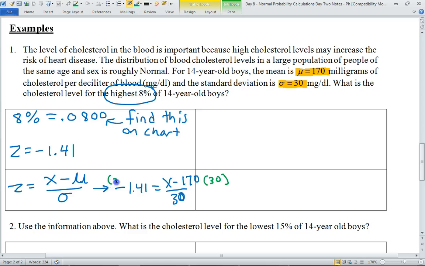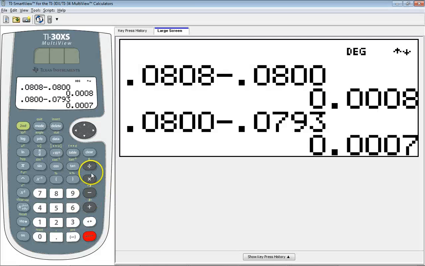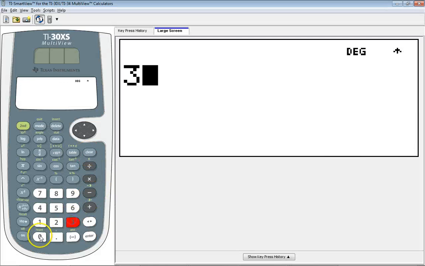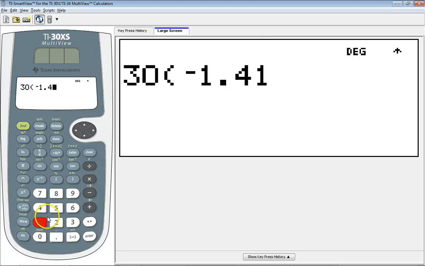These are going to cancel out. So I've got to do 30 times negative 1.41. That gives me negative 42.3.